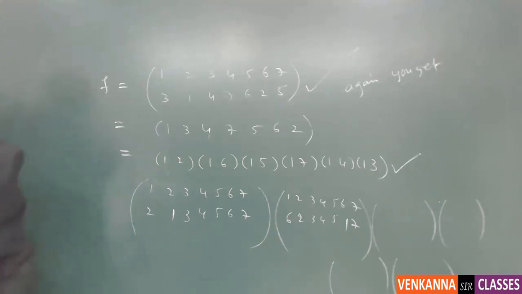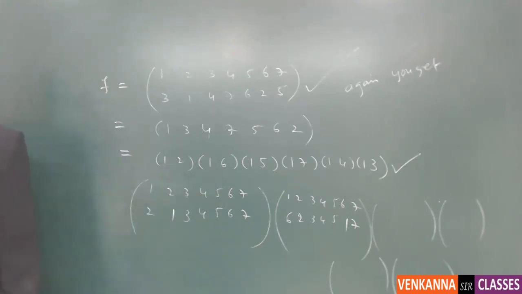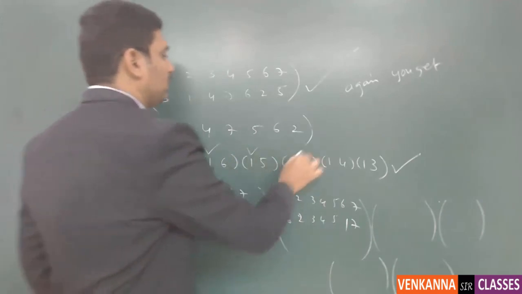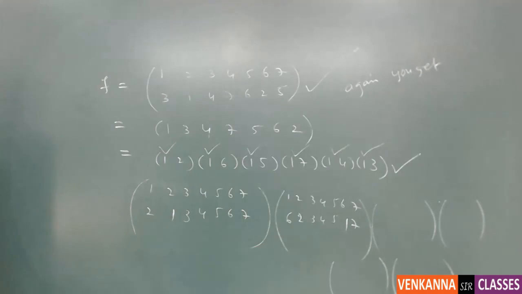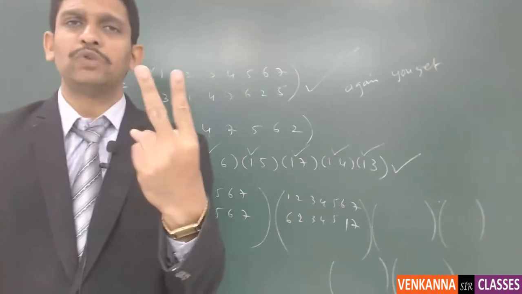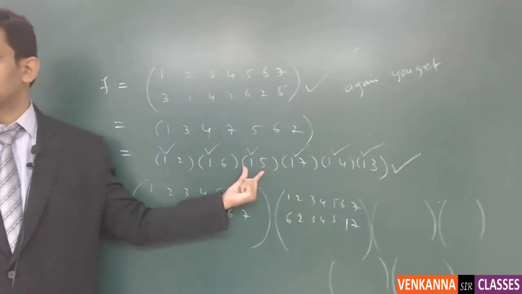Now the question is, in this, how many transpositions are there? One, two, three, four, five, six. Right? What is meant by transposition? A cycle having only two numbers. This is a transposition, this is a transposition, this is a transposition. Are you getting?